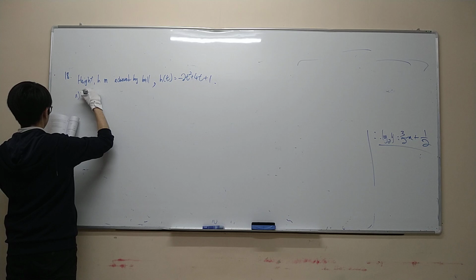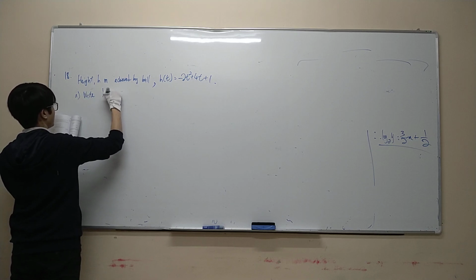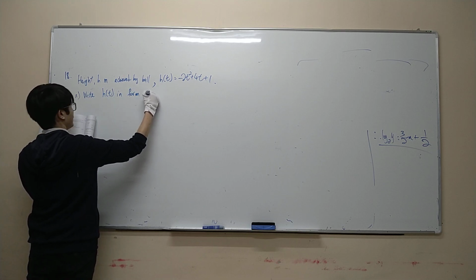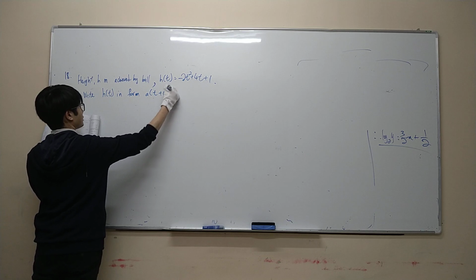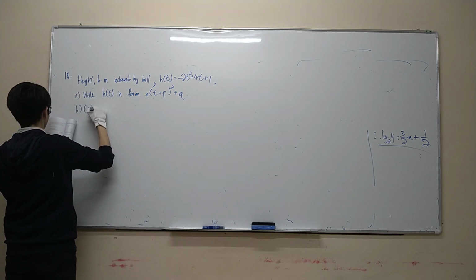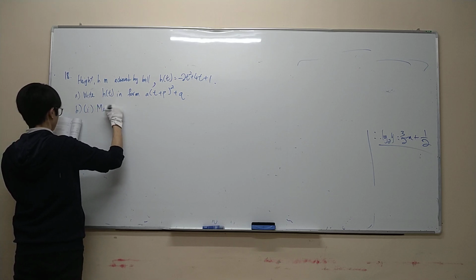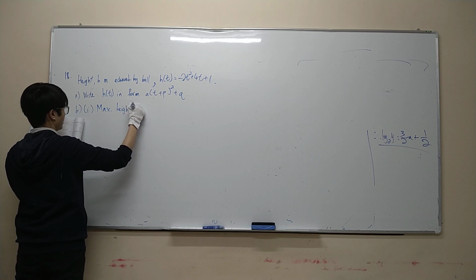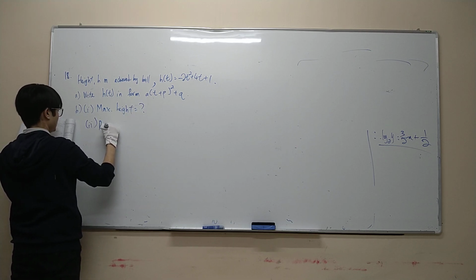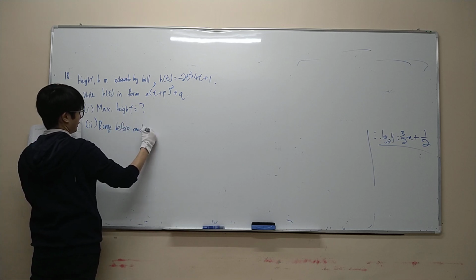So A, write ht in the form a(t plus p) squared plus q, and then B, question 1, determine the maximum height, and then number 2, the range before reaching max height.